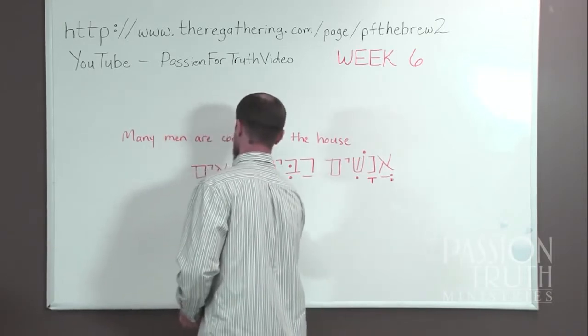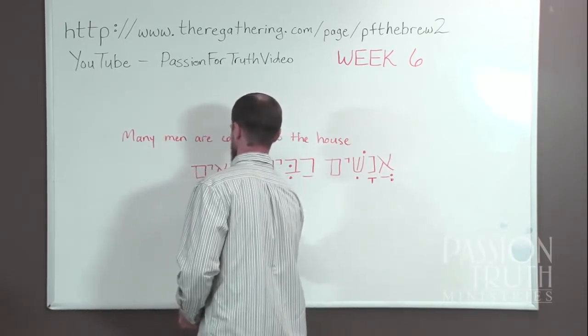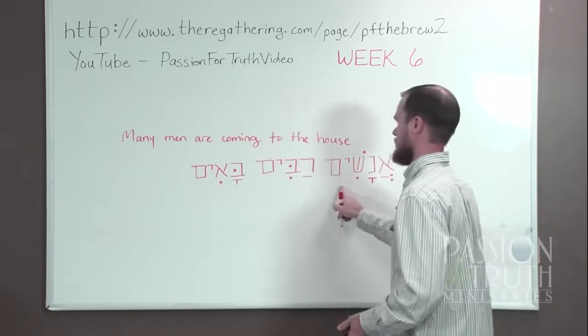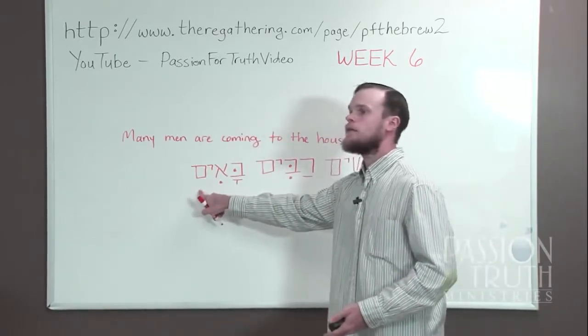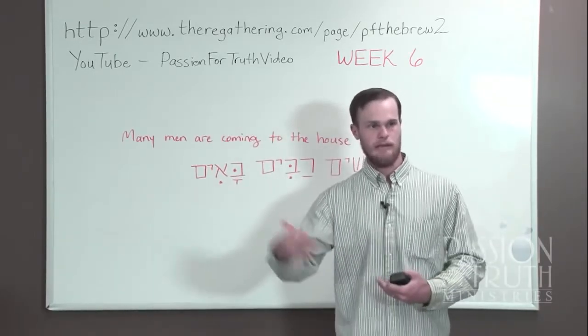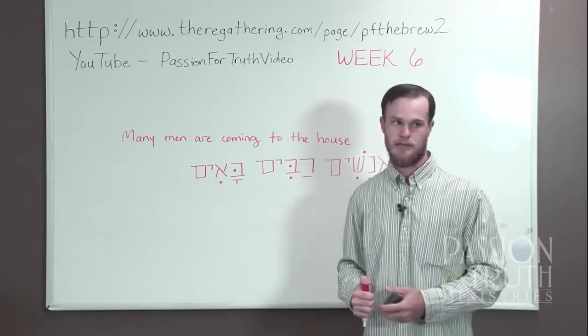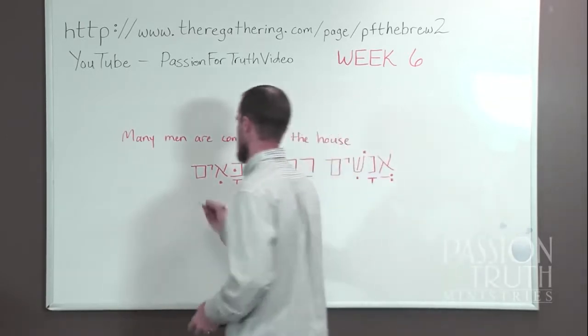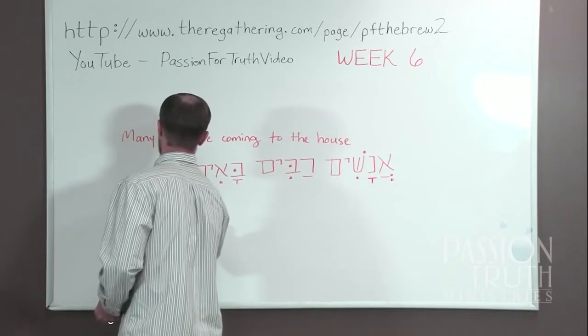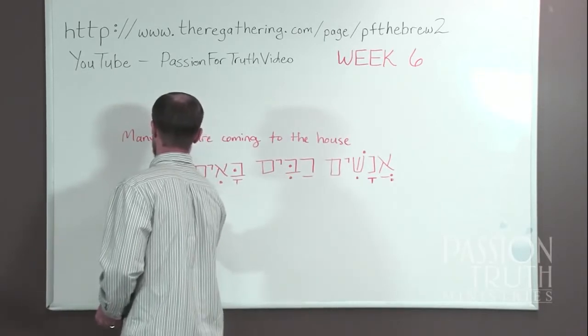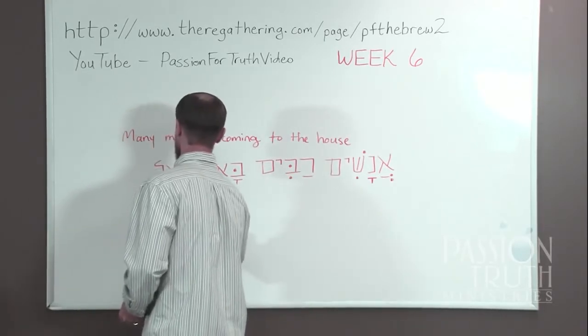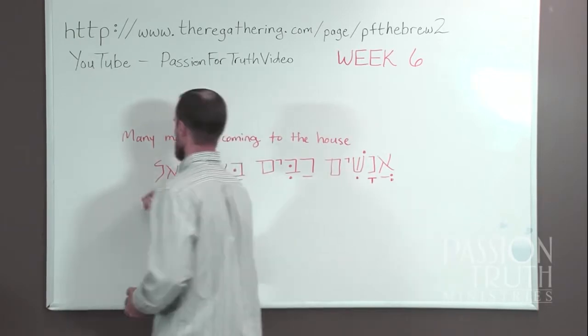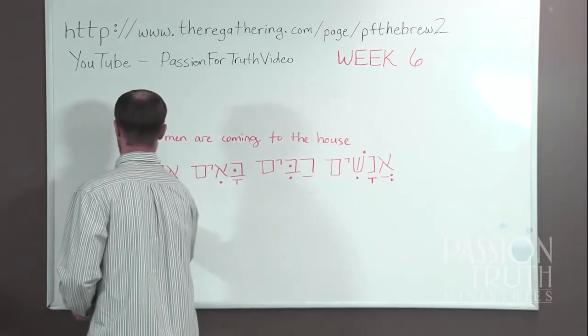And this really illustrates the parity with these forms. Anashim, Rabbim, Ba'im. These ems are repeating and connecting these words in the sentence. Many men are coming to El Habayit.